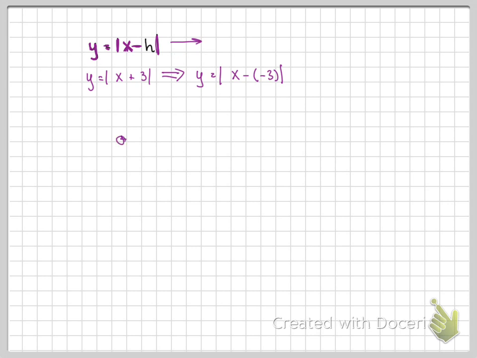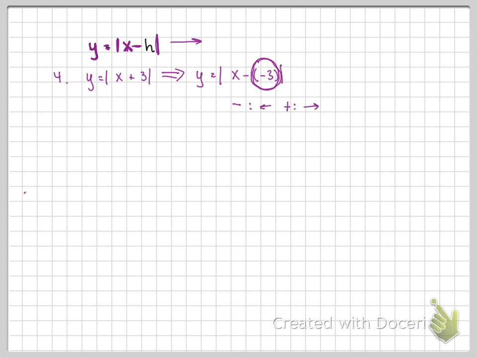When we've got a value inside with the x, that means that it is a right or left transformation. Okay, so we're on example 4, and this is exactly what we've got: y is equal to the absolute value of x plus 3. A plus inside means that the 3 was originally negative, so negative moves to the left, while positive moves to the right.